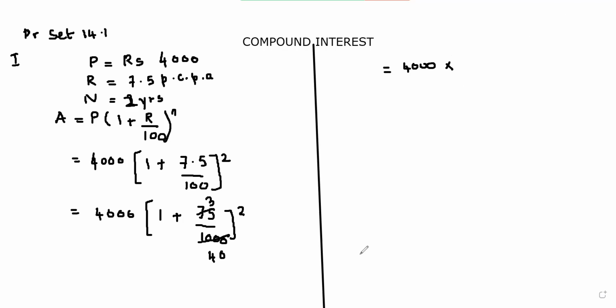Now this will become 40 plus 3. So that becomes 43 upon 40. So 43 upon 40 into 43 upon 40.